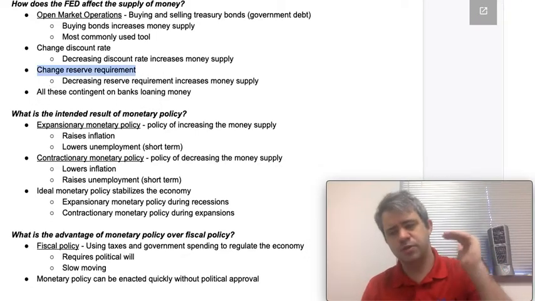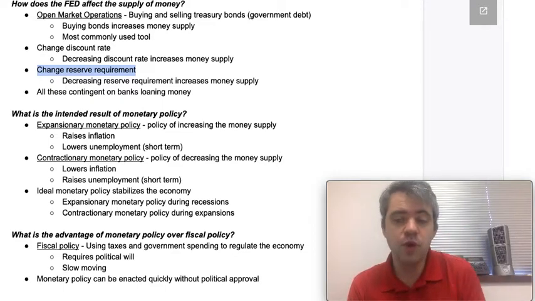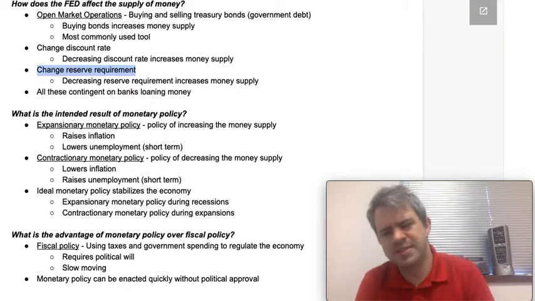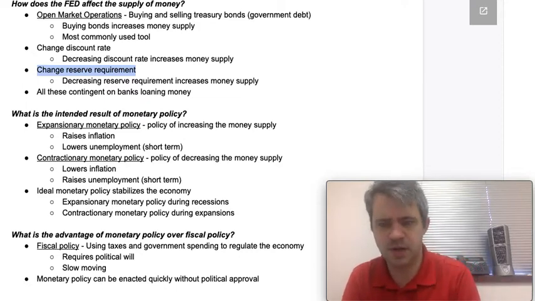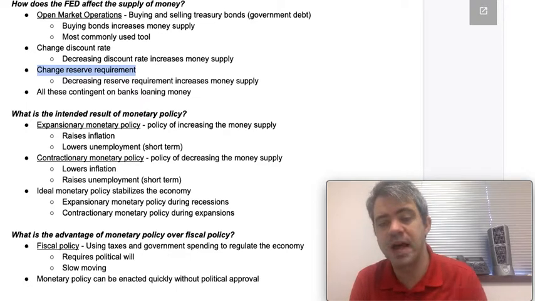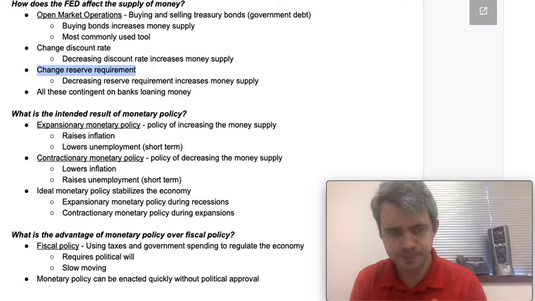So, one thing they can do is they can change the reserve requirement. Now, we said that the reserve requirement's around 10%. If we wanted them to loan more money, we could decrease the reserve requirement, say to 5%. And that's going to have a pretty dramatic effect on the money supply if banks are willing to loan out that extra money.